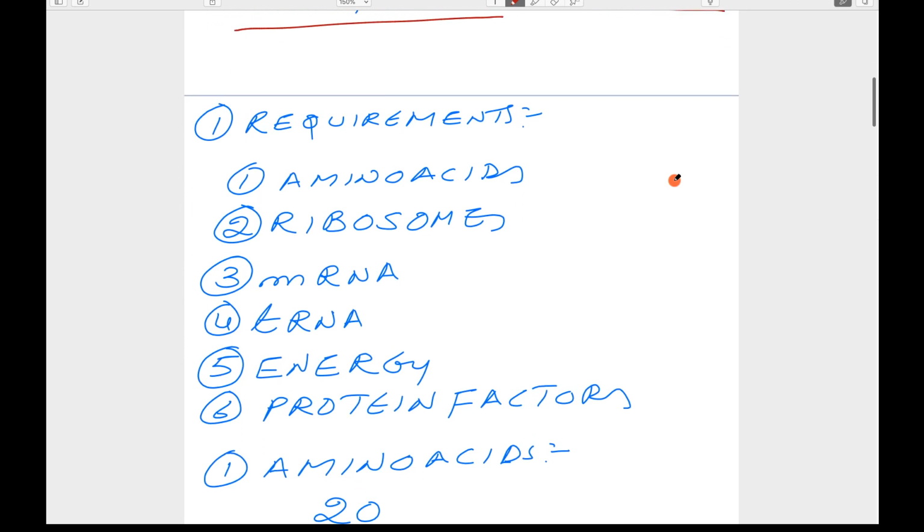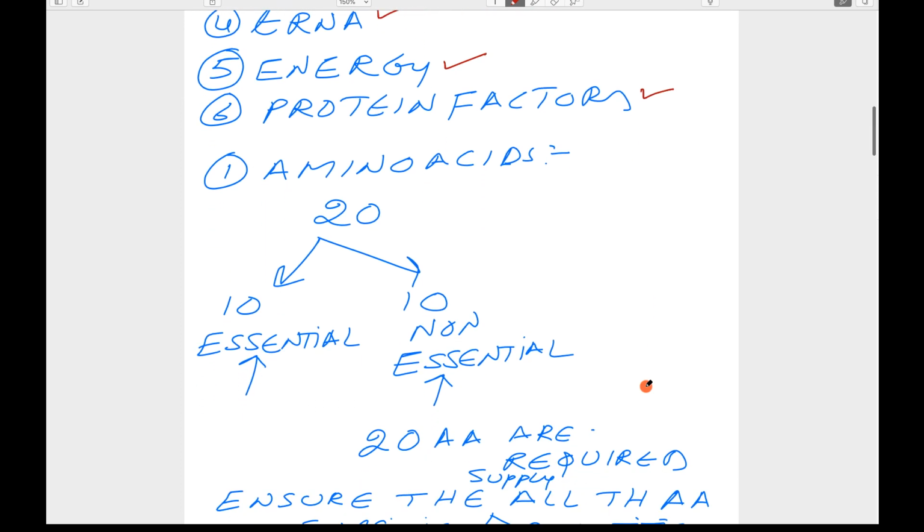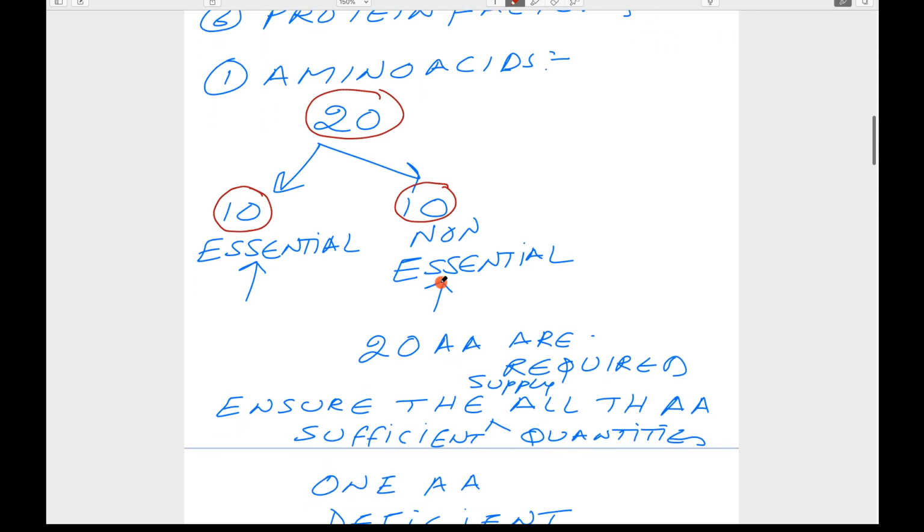So requirements. The first thing is, various components are required: amino acids, ribosomes, messenger RNA, transfer RNA, energy, and various protein factors. Amino acids: 20 amino acids are there. Of course, we are not talking about the 21st and 22nd. Out of these, 10 are essential and 10 non-essential. Essential means nutritionally essential.